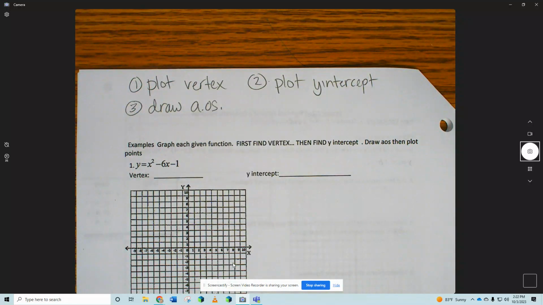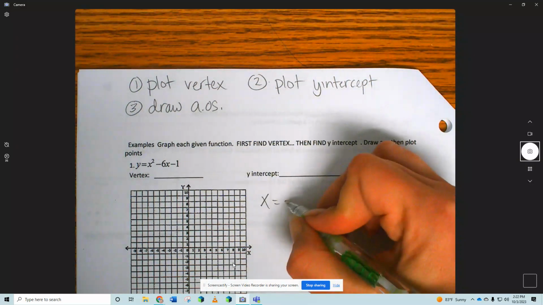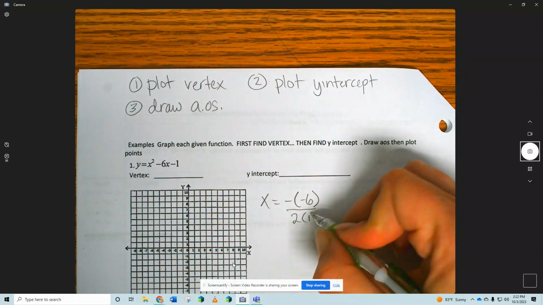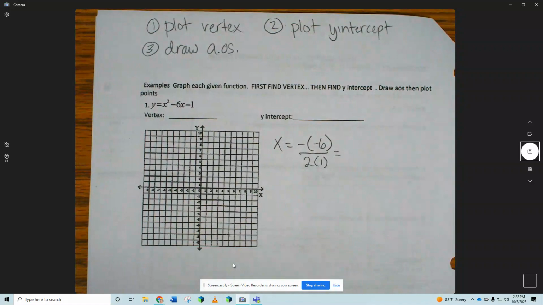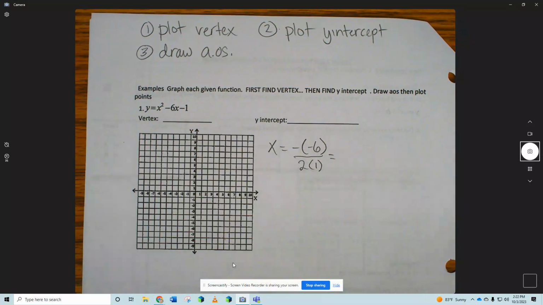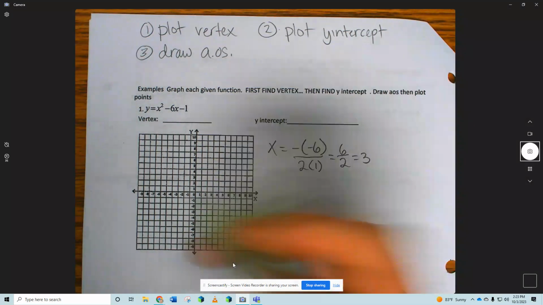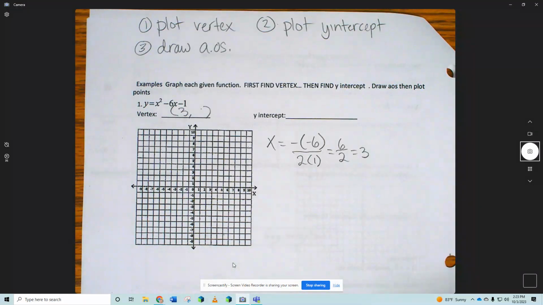Okay, the vertex of this, negative b over 2a. X equals negative negative 6 over 2 times 1 is what? Six over 2 is 3. So the first number in my vertex is 3, comma, something, right?